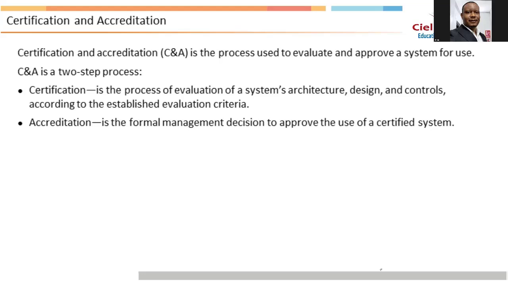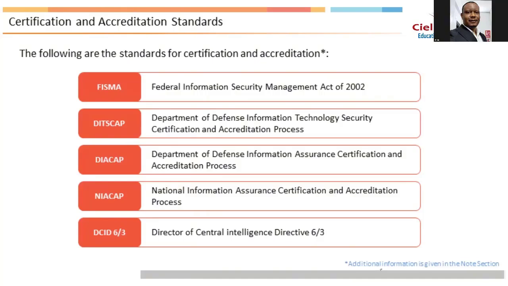That's what accreditation does. So that's why I would say certification is the process of evaluating a system's architecture, design, and controls according to established evaluation criteria, while accreditation is the formal management decision to approve the use of a certified system. Again, there are various accreditation and certification standards out there, like FISMA, DISCAP, DIACAP, NIACAP, DCID 6/3.